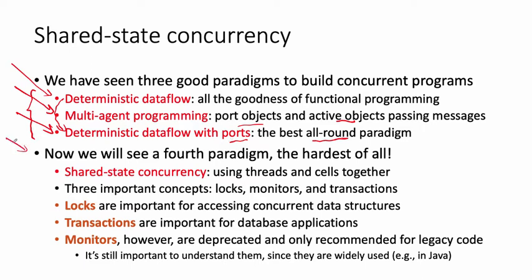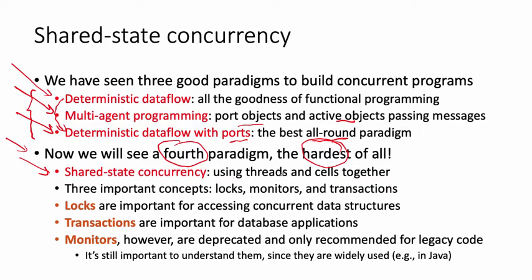But today we will see a 4th paradigm. In fact, this is the hardest one of all. This is called shared state concurrency. And it's actually used very much, probably too much, for historical reasons.